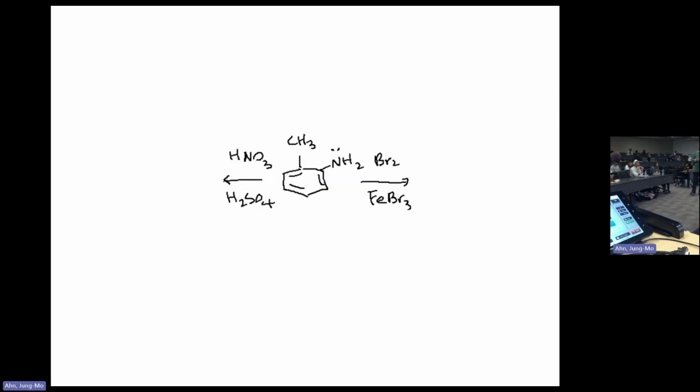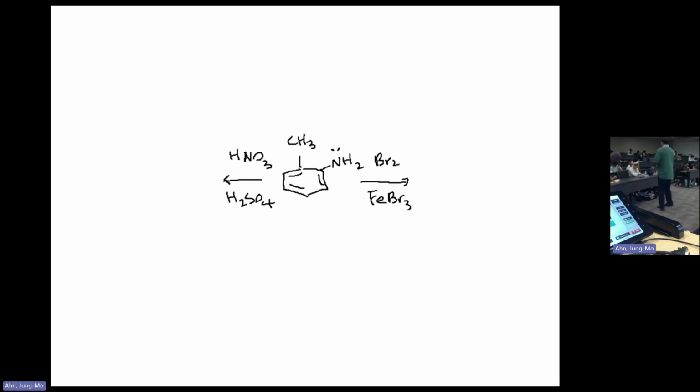Now, look at this molecule. You're going to find we have a methyl group and an amino group. Methyl is a sigma donor, it's an activator. Amino is also an activator, but it's a pi donor, right?